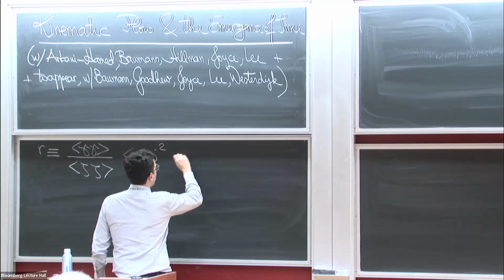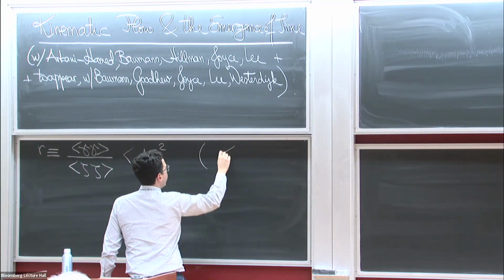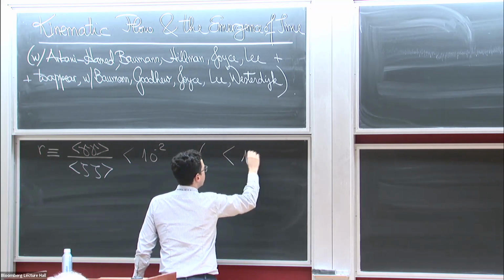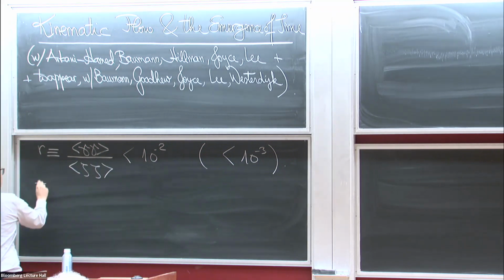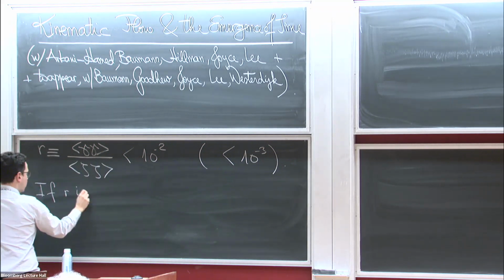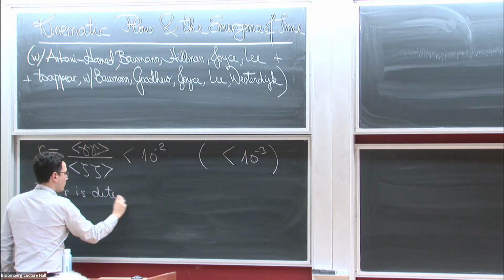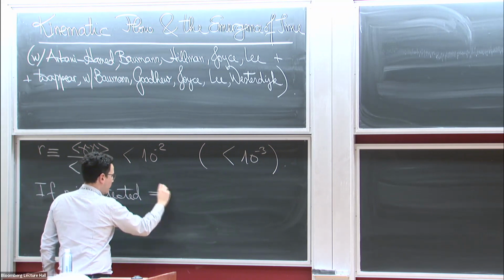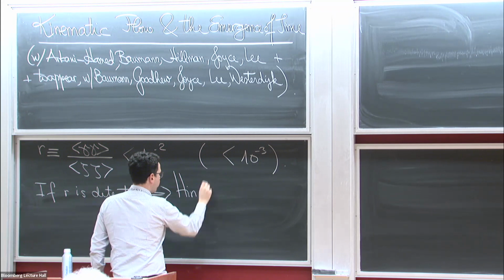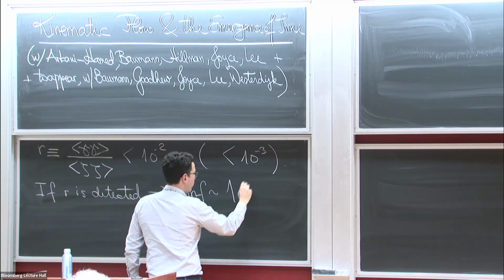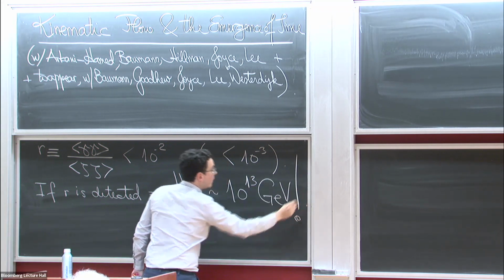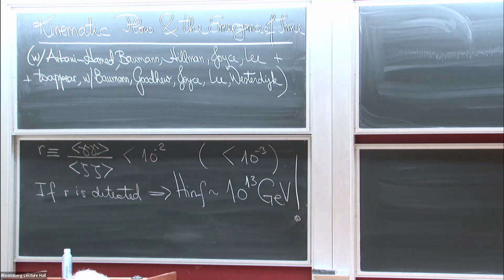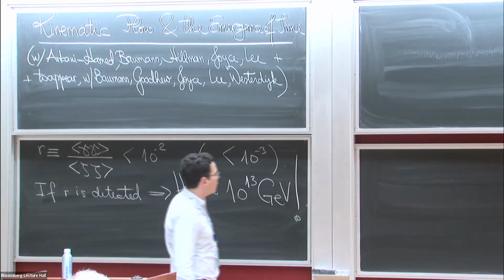And maybe we'll improve next decade to less than order 10 to the minus 3, maybe even more. But if r is detected, then the energy scale of inflation is very high, maybe something like this, 10 to the 13 GeV, which is very exciting. Could you imagine doing particle physics at these insanely high energy scales?